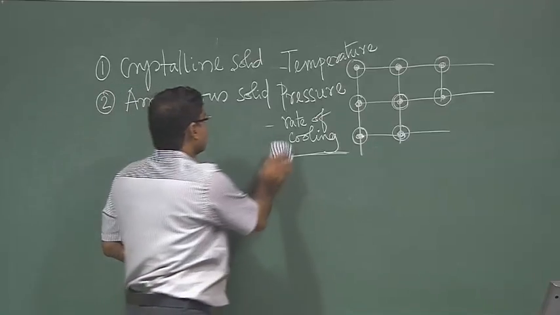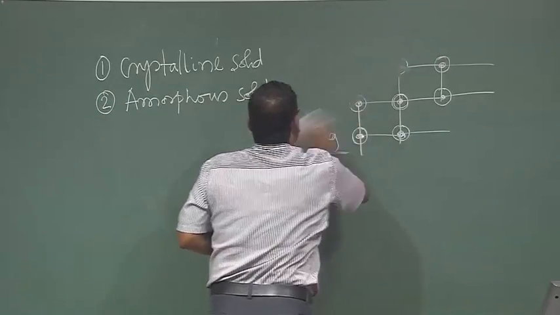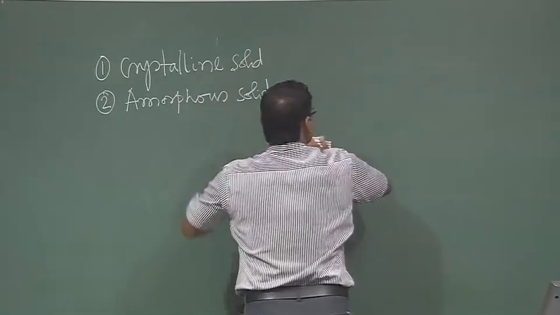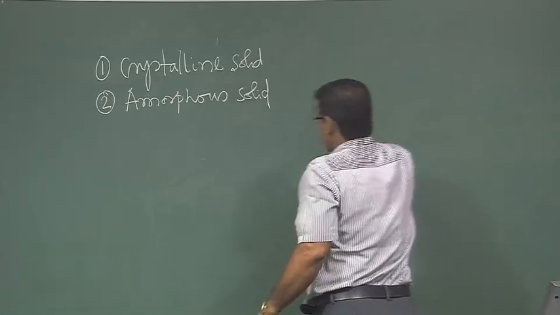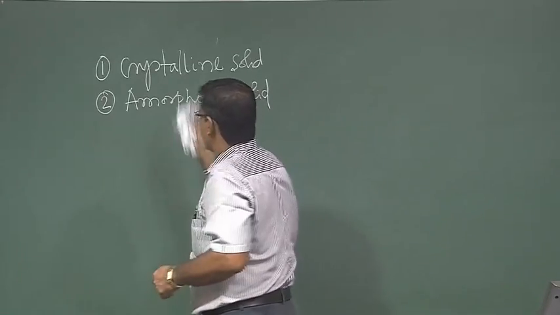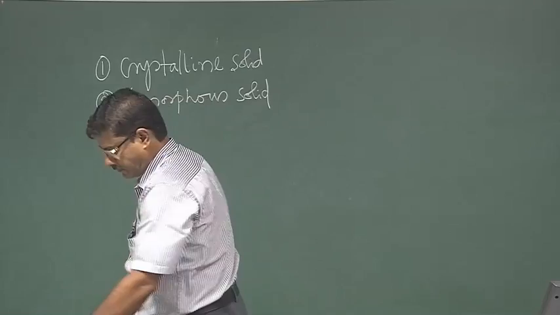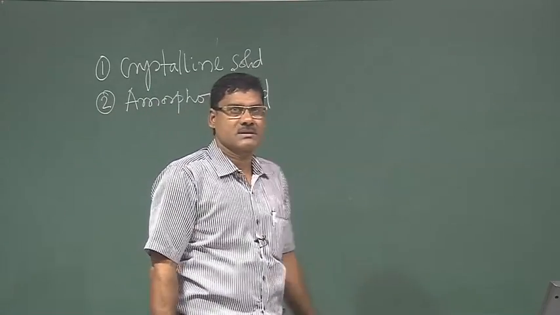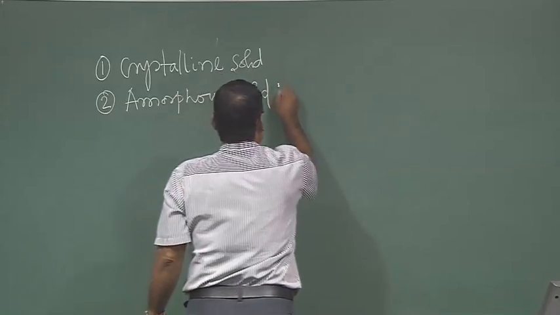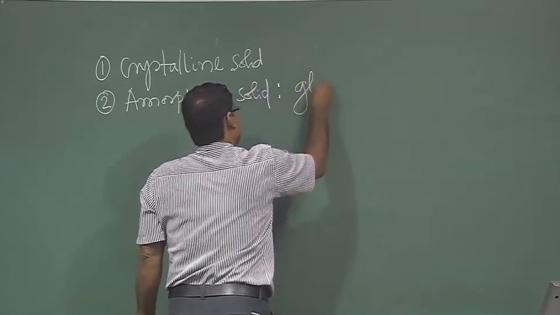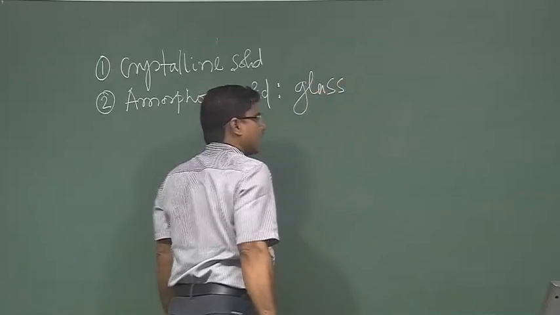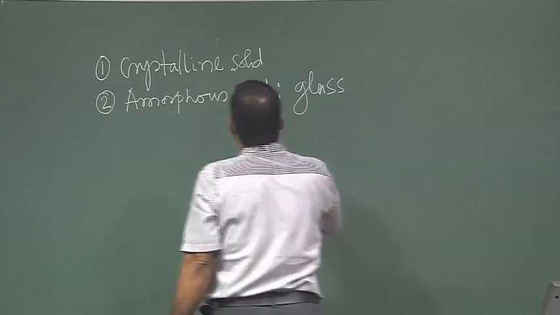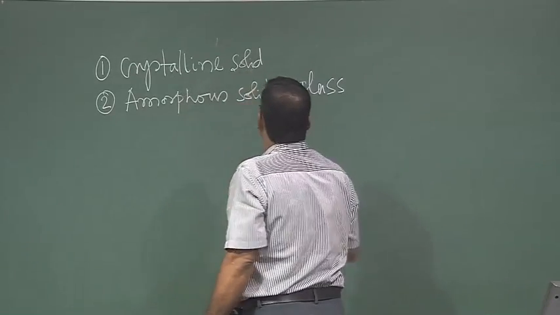So, in nature, most of the solids we find are under the crystalline group, but there are some materials which are amorphous, for example, glass is an amorphous solid. So, what is amorphous and what is crystalline solid?